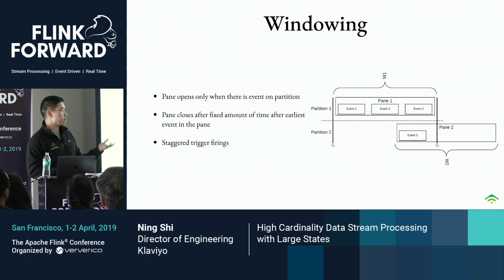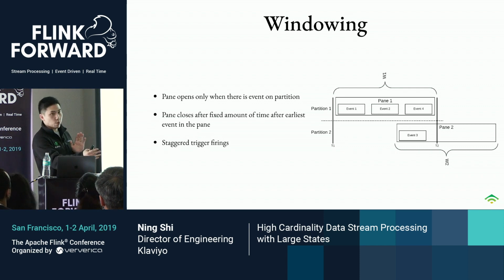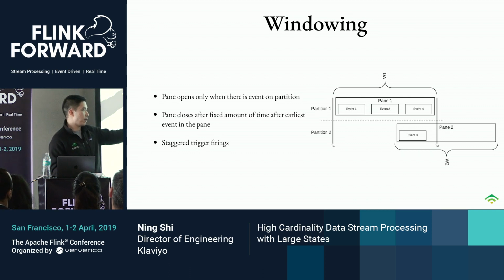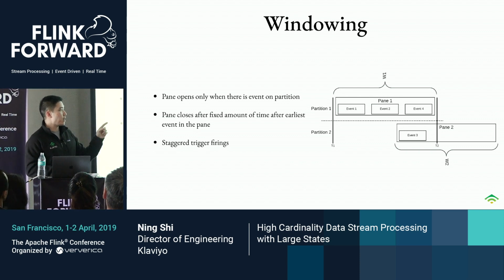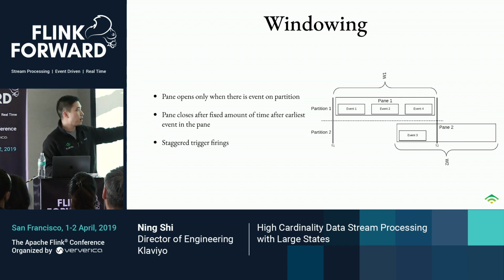So, leveraging the same example as on the previous slide, events 1, 2, and 4 come into partition 1, which opens that pane for window 1. However, partition 2 doesn't see anything until event 3 comes along, near the end, as it gets close to T2. So pane 2 doesn't open until event 3 comes in. It doesn't open at T1.